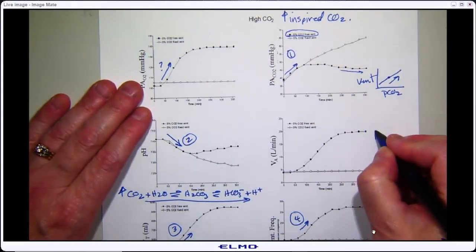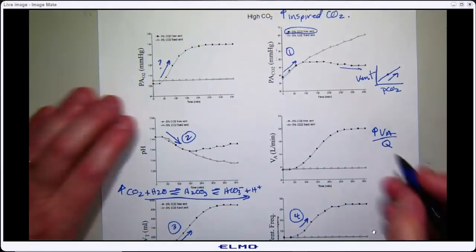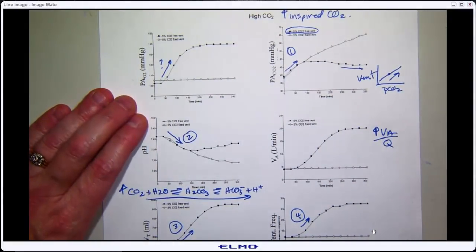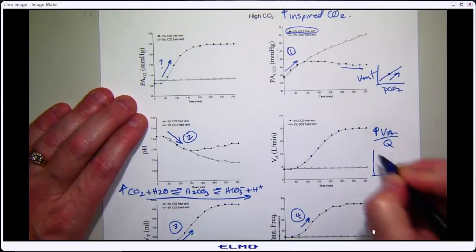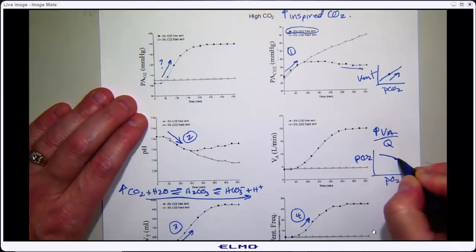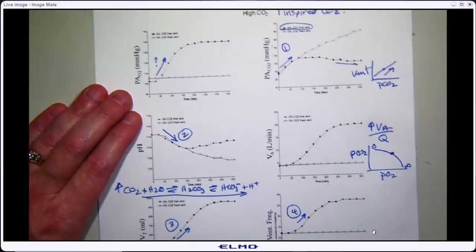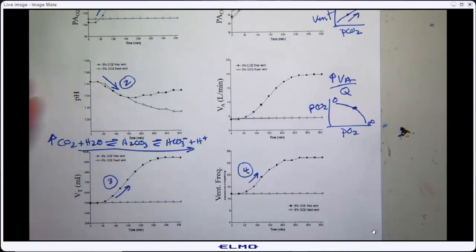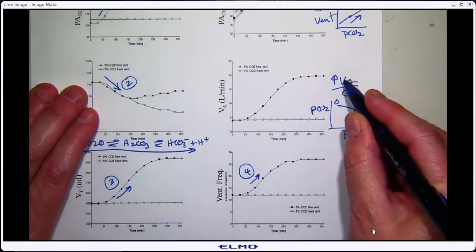So indeed, what we did was increase ventilation to fix this problem. And when we think about our VA over Q relationship, we increased ventilation to fix the CO2 problem. Why did that work? Increasing the ventilation increases our numerator.